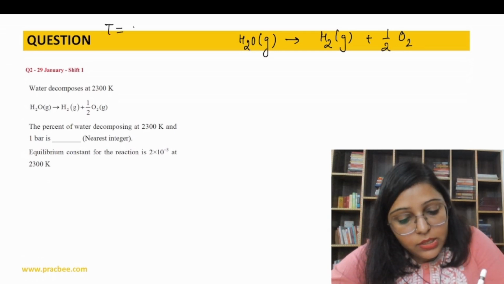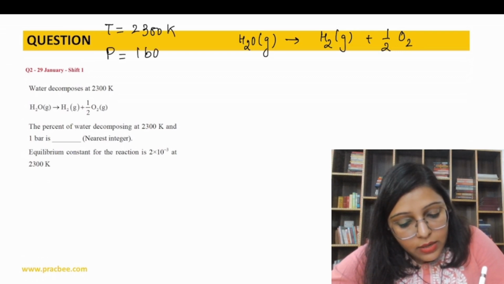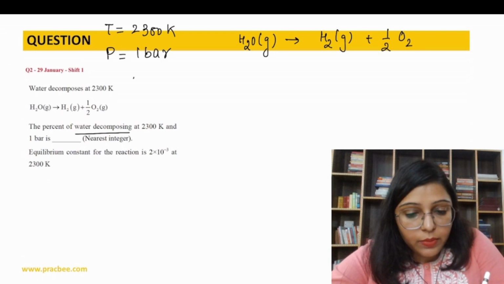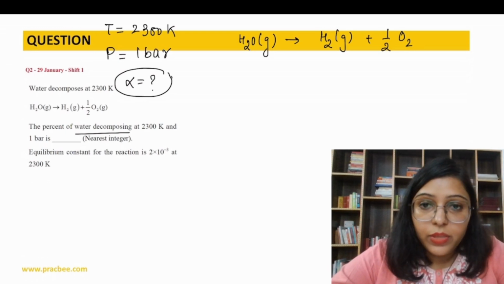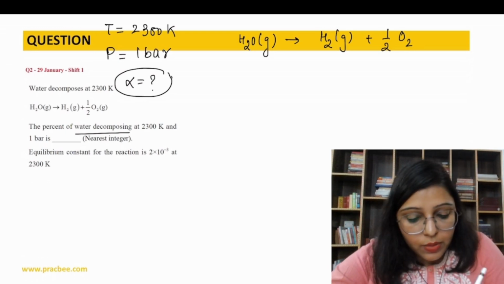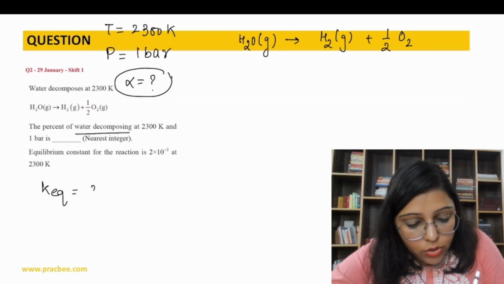See, temperature is 2300 Kelvin, pressure is 1 bar, and we have to find the percentage of water decomposing. It means we have to find alpha, right? And the equilibrium constant for the reaction is given, equal to 2 into 10 to the power minus 3.